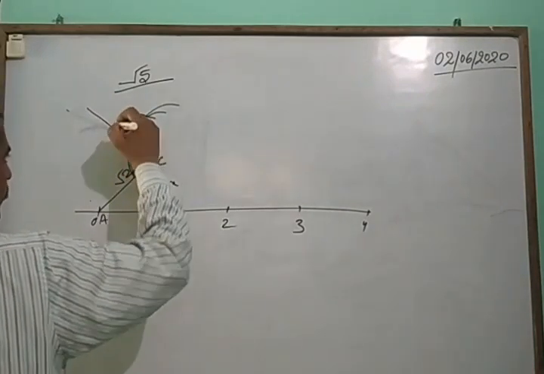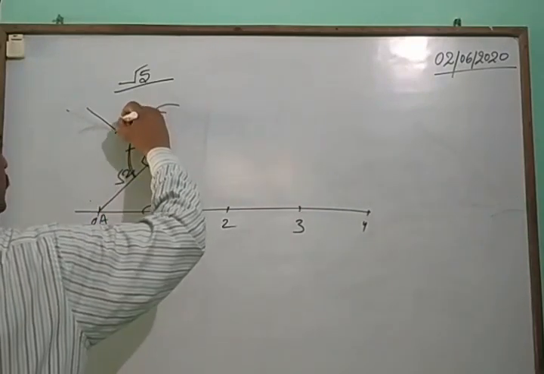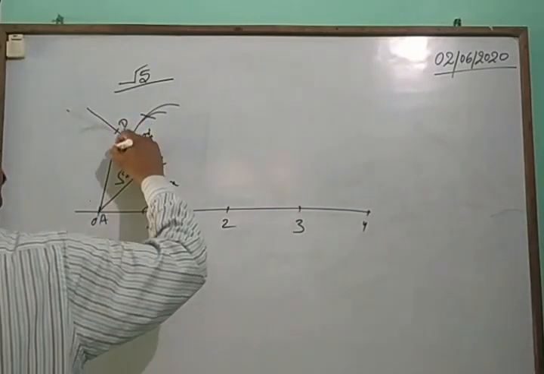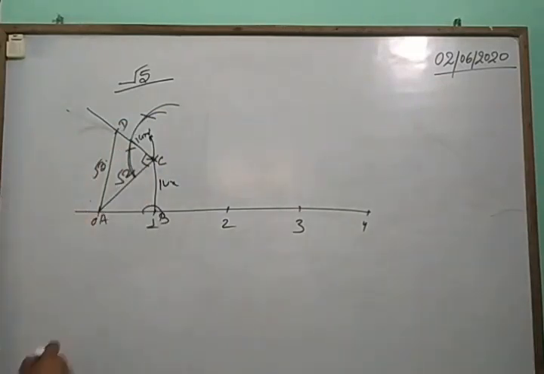Again we take the 1 unit, and if that is D, joining A to D forms root 3.